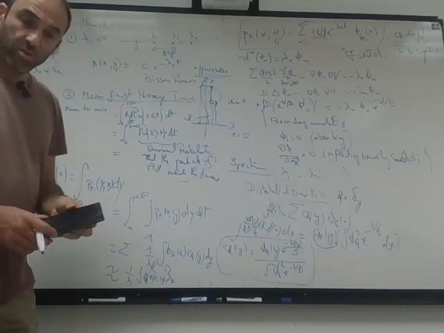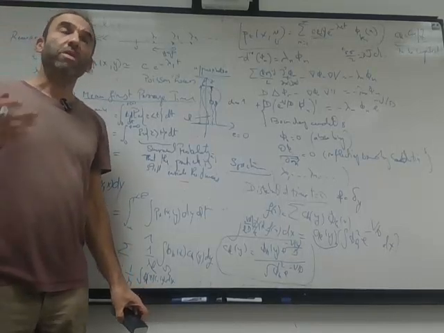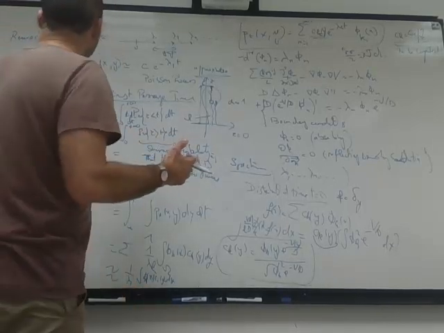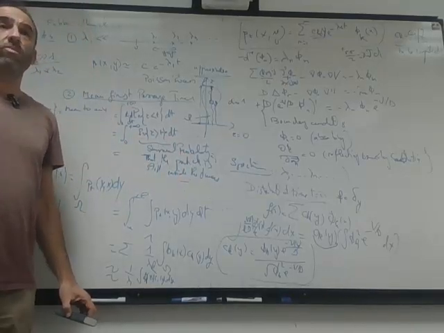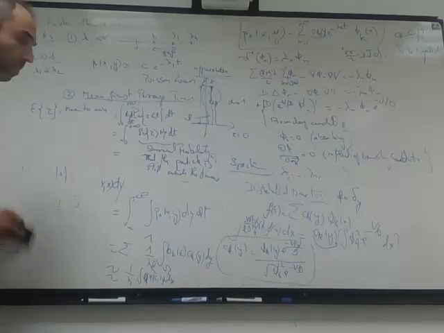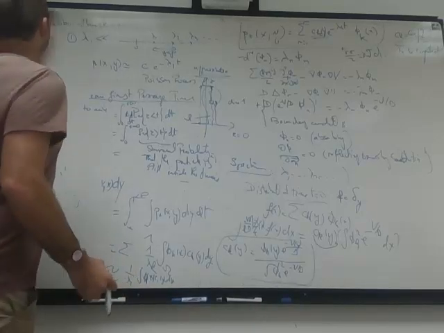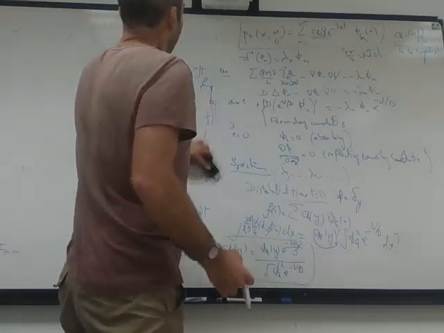Now we're going to need all of this to model spines. Can I erase? Yeah, it's important to take notes because this is how you remember things. All right, that's it. So now let's go back to neuroscience.